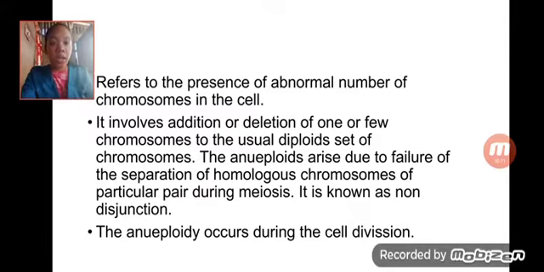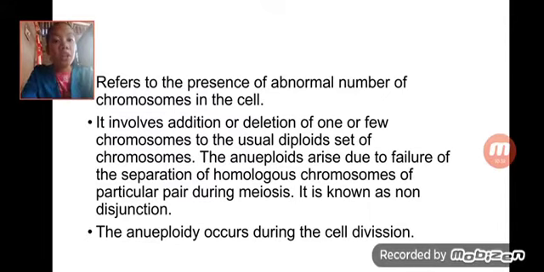So aneuploidy involves addition or deletion of one or a few chromosomes to the usual diploid set of chromosomes. Aneuploids arise due to failure of the separation of homologous chromosomes of a particular pair during meiosis. It is known as non-disjunction.